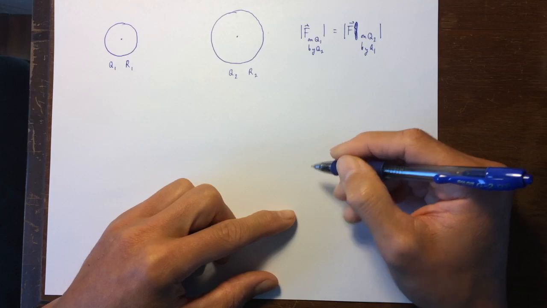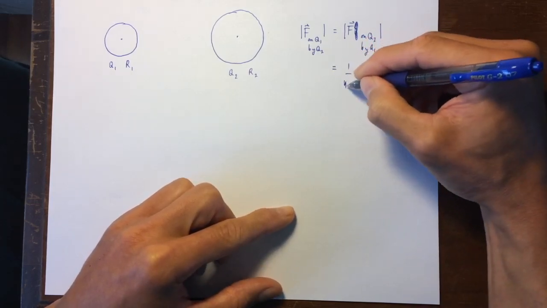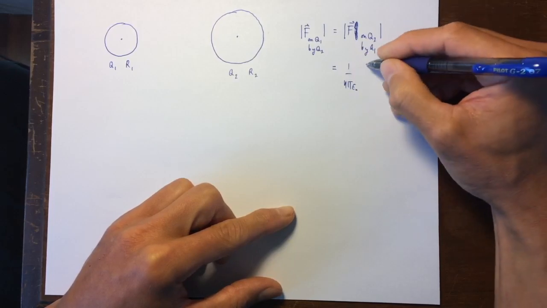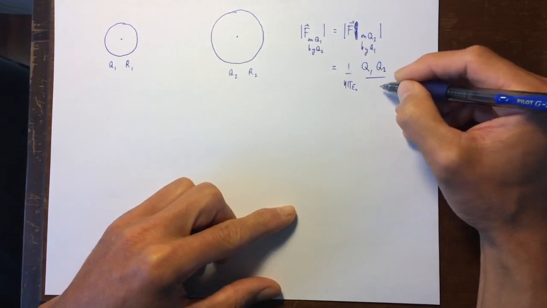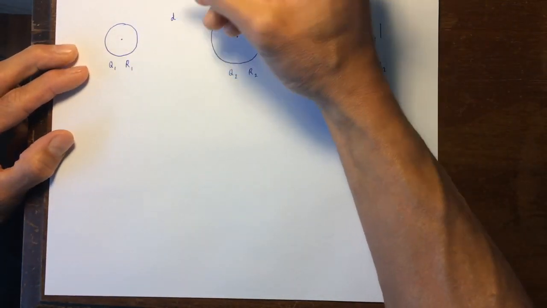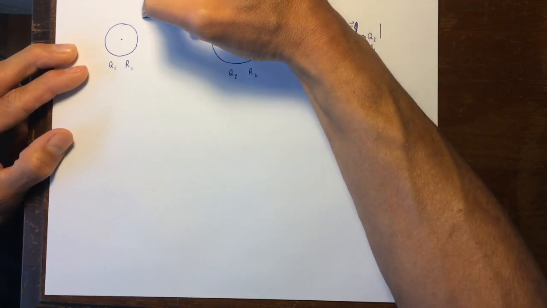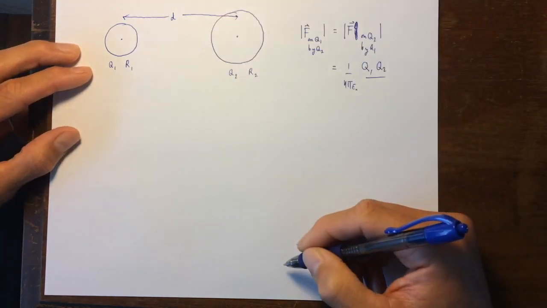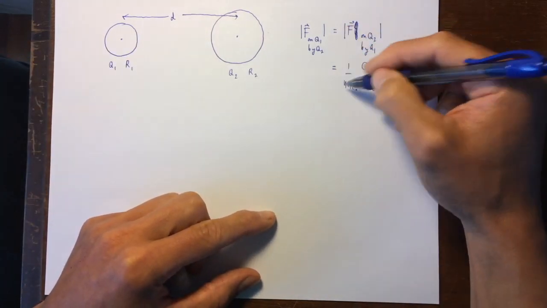And these are both equal to, and this is pretty cool, 1 over 4 pi epsilon 0, Q1 times Q2 over the distance between them squared, which I didn't give a symbol for. So let's say that the distance between them is d, so d squared.